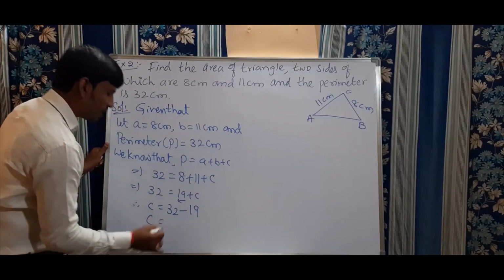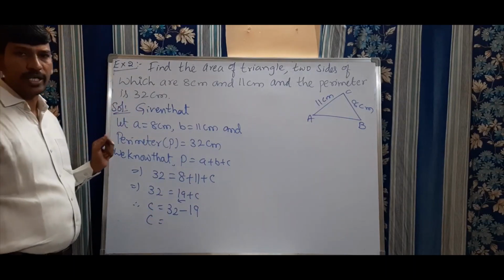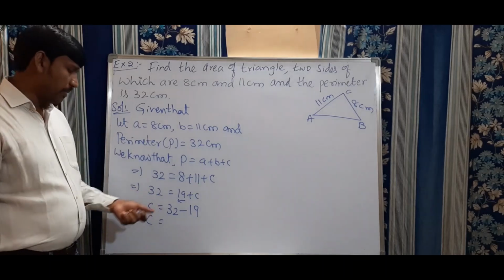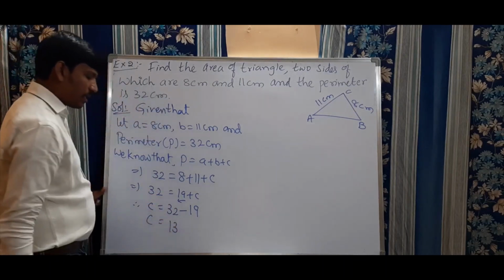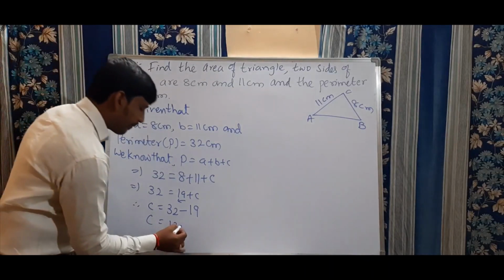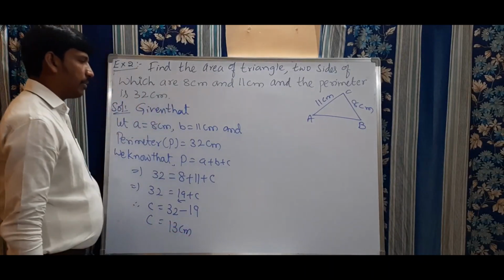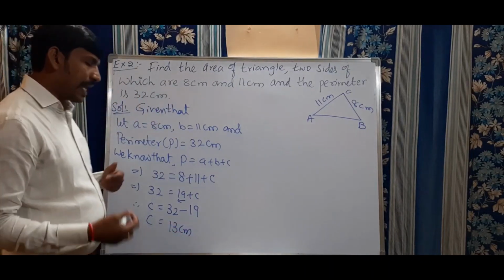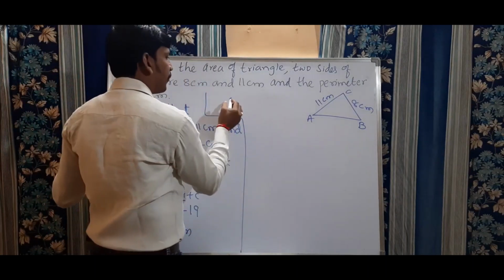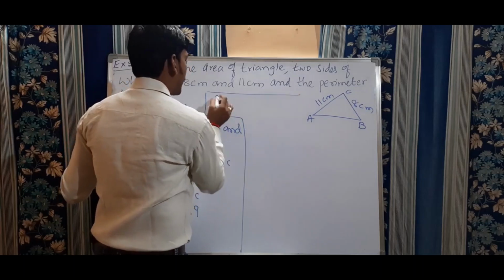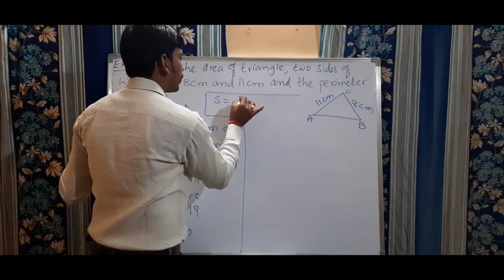Then C is equal to how much here? 32 minus 19 is how much? That is nothing but 13 value. Okay, that is 13. So C value is 13 centimeter. Then find out S value. How to find S value? S is equal to P by 2.